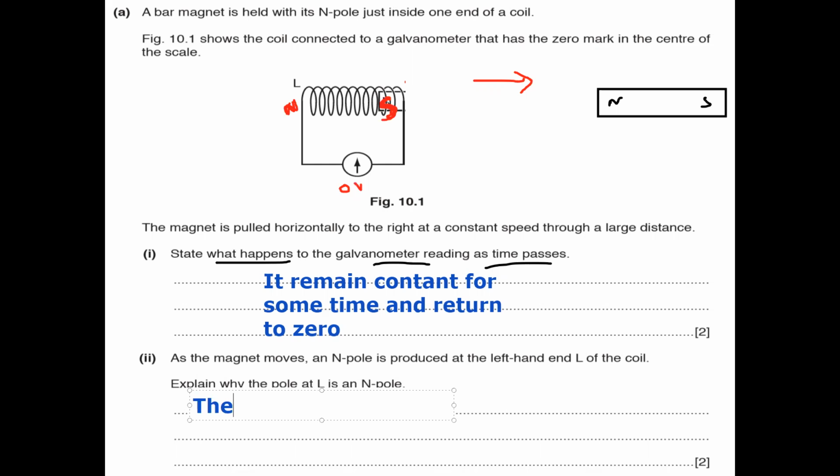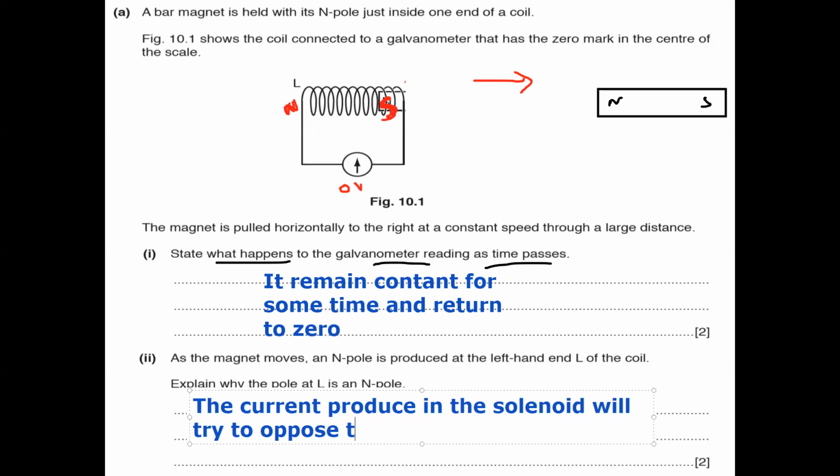The current produced in the solenoid will try to oppose the change in the magnetic field.